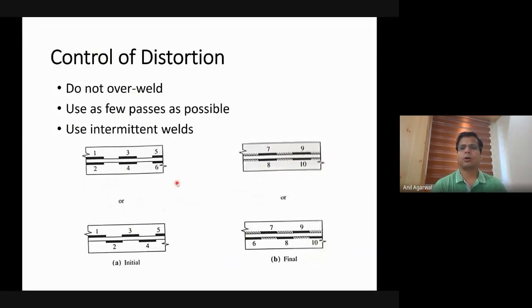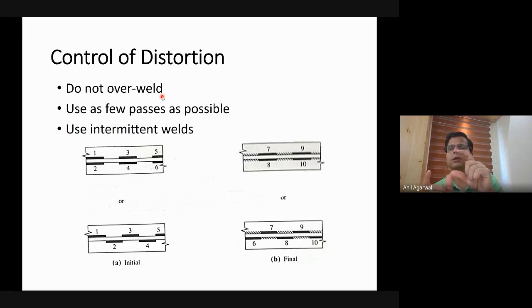All right. So in order to control the distortion, there are various ways. For example, there are certain guidelines. These are available in the Indian code also. So do not overweld. What does it mean? So for example, let's say you require a fillet weld of leg size 8 mm or 7 mm or 6 mm.